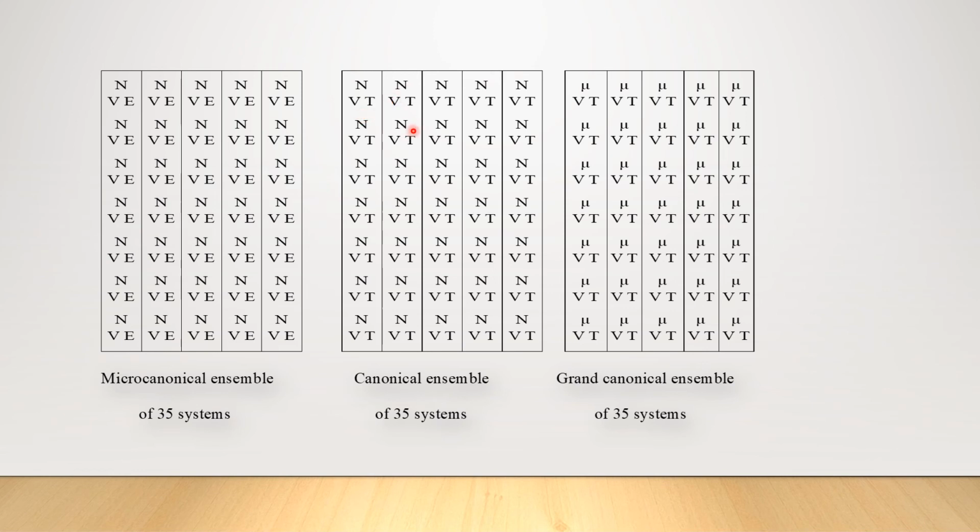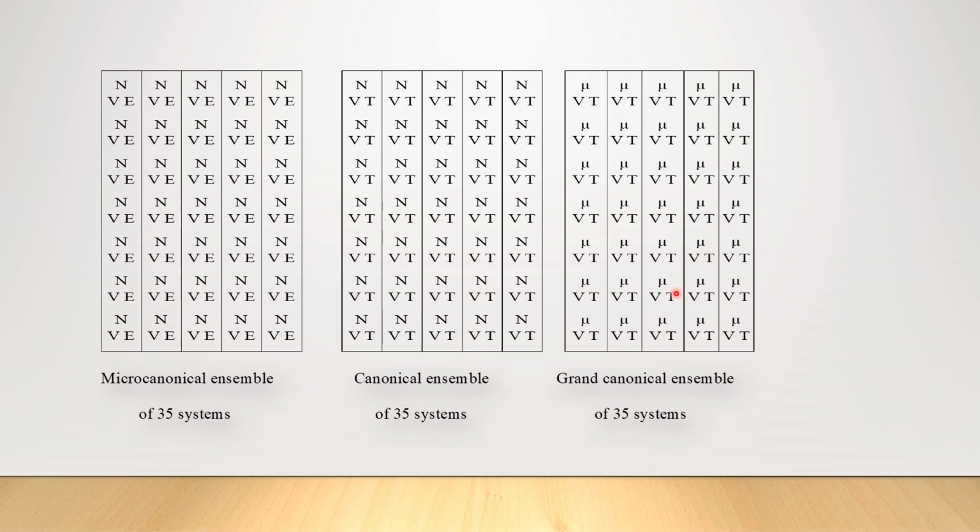But in the case of the canonical ensemble, the units are separated by diathermic walls, letting the energy fluctuate about some average value. Hence each system is having the same value of N, V and T. Such a type of ensemble is called the canonical ensemble.